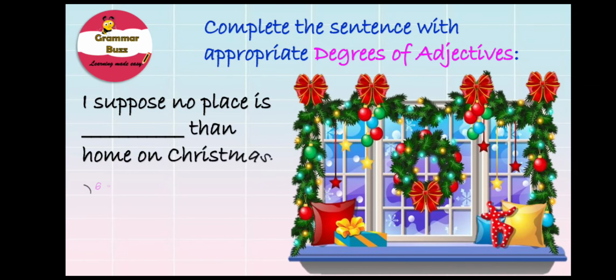Here's the last one for you, and it says, I suppose no place is dash than home on Christmas. Yes, I suppose that too. It's really right and correct. And your positive degree of adjective is good. So what would be the word that you would use here, or I would say the correct degree of adjective that you could fit in here? And you're right, it is better. Well done.